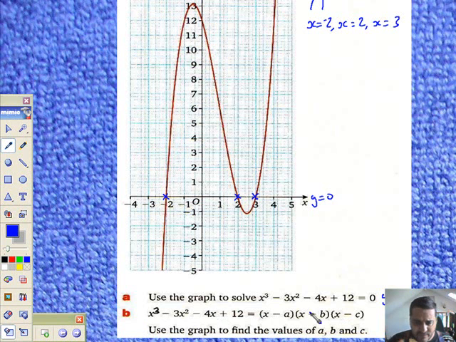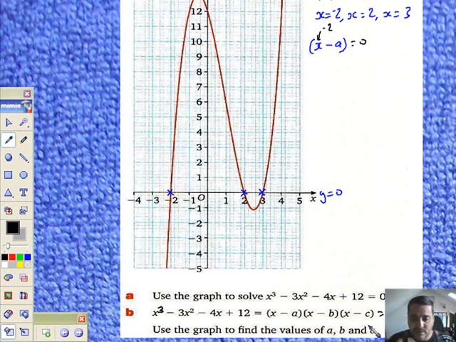Well, very straightforward actually, because we know what the x values are, don't we? If I make this one, so I've got x minus a, if I make that one minus 2, say, put it in there, and that equals 0, because remember, as when you factorize and solve quadratics where it equals 0, y equals 0, you take each part to be 0, because it cuts through the line y equals 0, that's why.